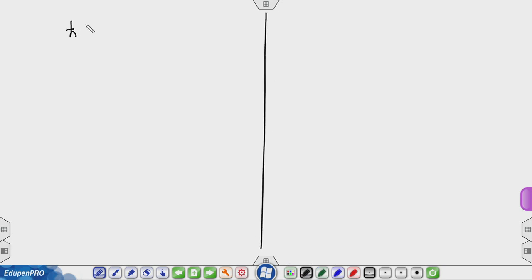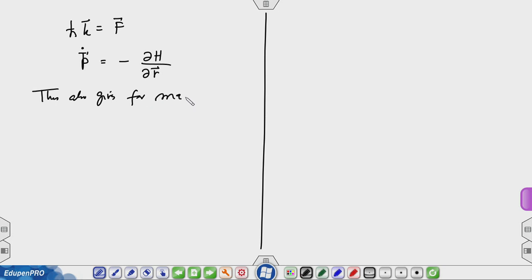Now, this h cross k dot equals F was obtained from the Hamilton's equation of motion, that is, the conjugate momentum dot is equal to minus del H del R. This also gives, for a magnetic field, if the electron is moving in a magnetic field, the equation h cross k dot equals minus e, electric field plus v cross B. And what is this v? v is v group.